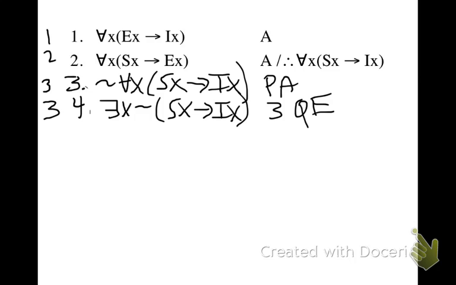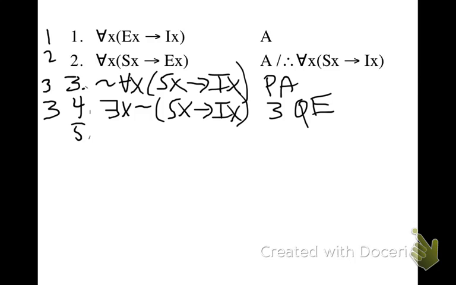Now that we have line 4, you can see why it would have been a mistake to instantiate lines 1 or 2 first, because then we wouldn't be able to use the same letter when we instantiated line 4, because it's really an existential. That's why we always want to do our QE steps first, so we can see what we're really dealing with.